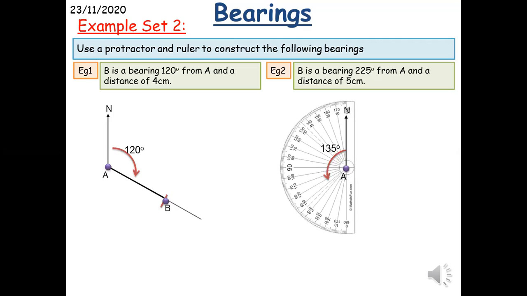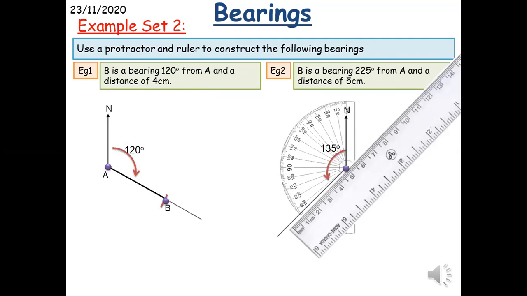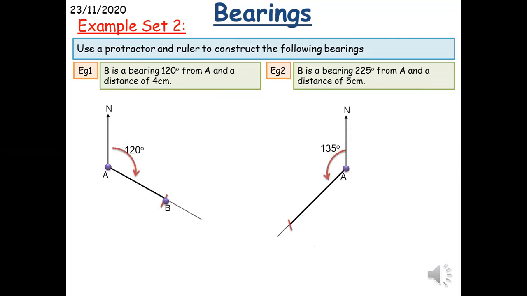So I will draw the anti-clockwise angle 135. I will make the line a distance of 5 centimeters. And now I have drawn 225 clockwise, because the anti-clockwise angle plus the clockwise angle must be 360.